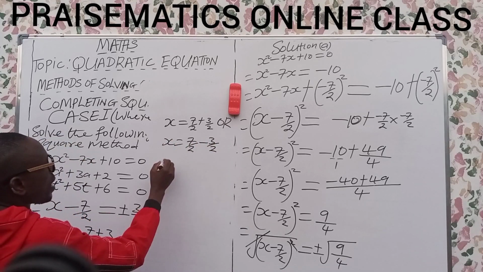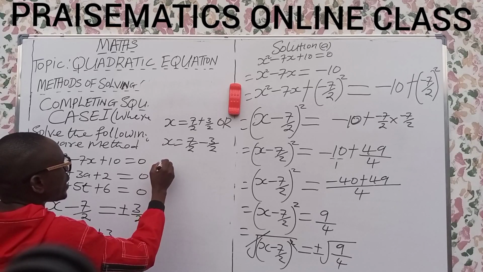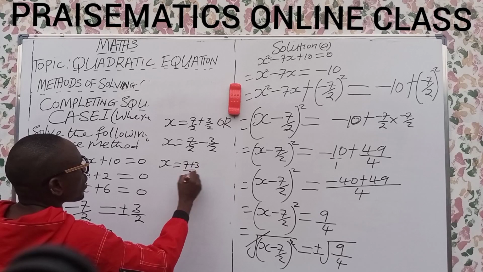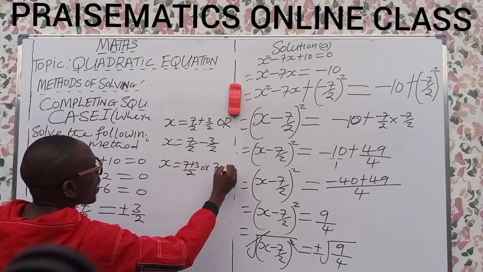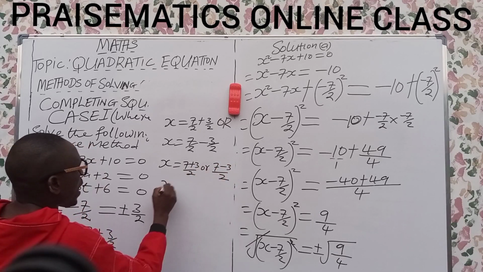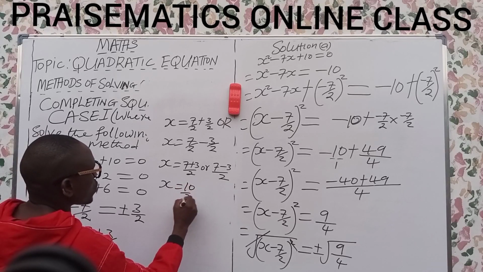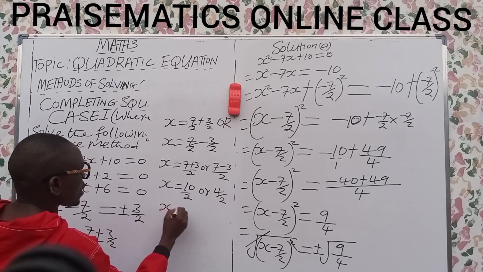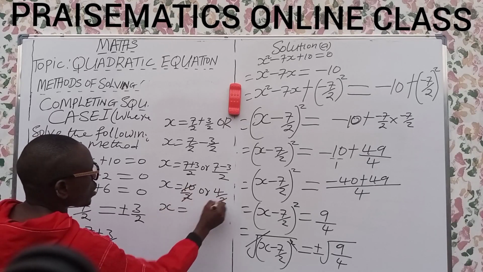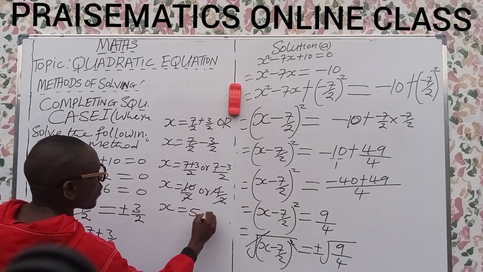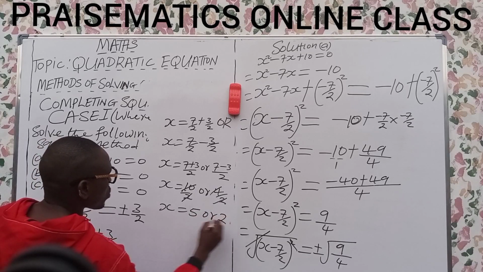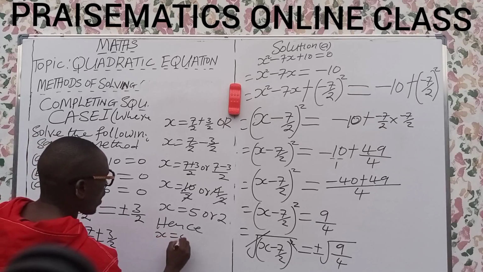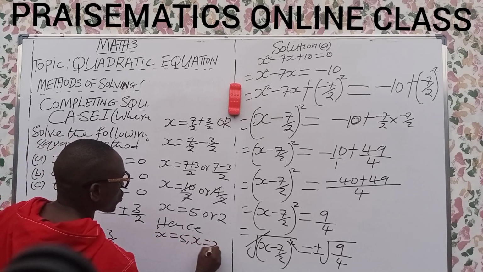So finally we have x is equal to 7 plus 3 over 2, or 7 minus 3 over 2. x is equal to 10 over 2, or 4 over 2. x is equal to 5 or 2. Hence, x equals 5, x equals 2.